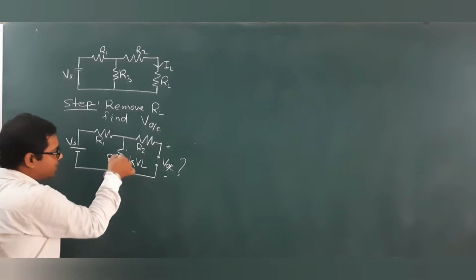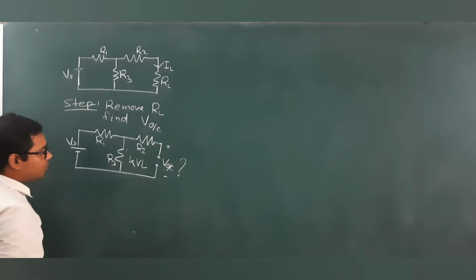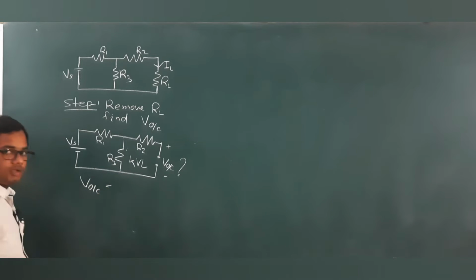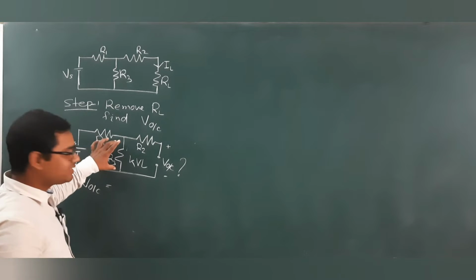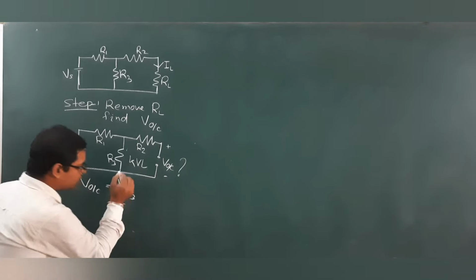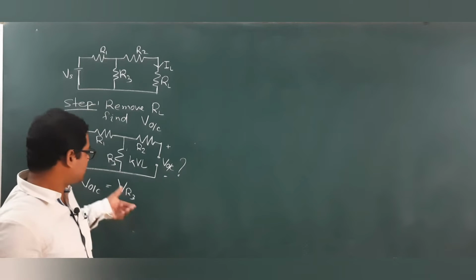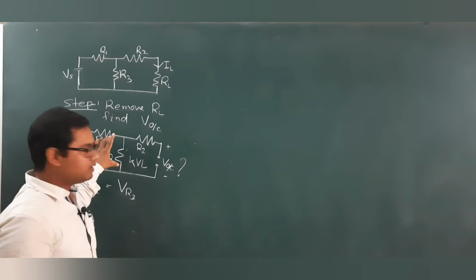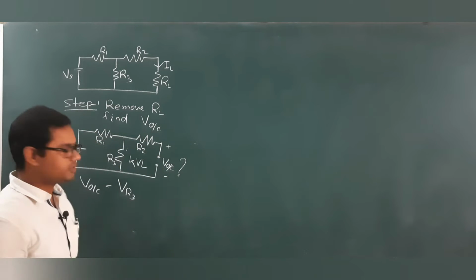VOC, the open circuit voltage, will be the voltage across R3, say VR3. The same voltage will appear here because these two are in parallel.